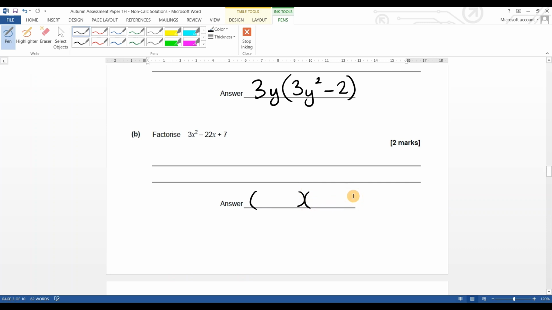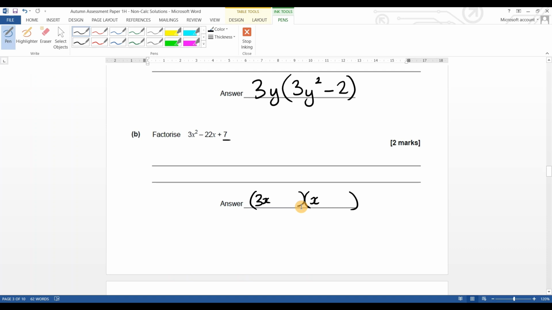So obviously it's going to be double brackets, 3x here and x in this one. Obviously it makes no difference which order this is in. You could have had the x here and 3x in this one, but you're still going to get 3x squared when you multiply this out, so it has to be 3x here and x here. And obviously we've got a plus 7 as well, so which two numbers multiply to give you that? Well, 1 and a 7.